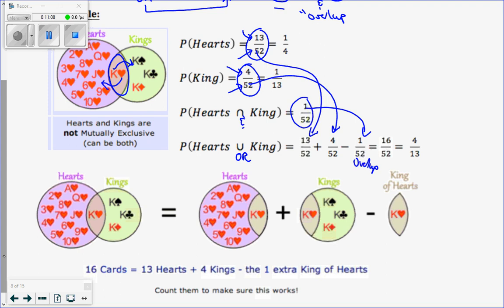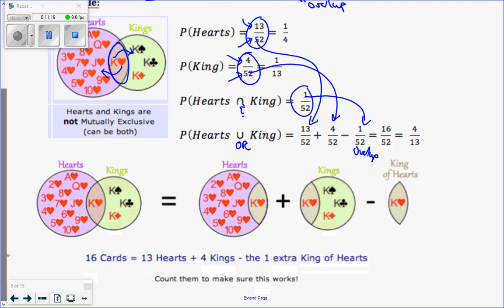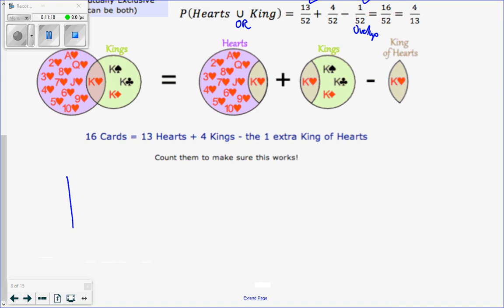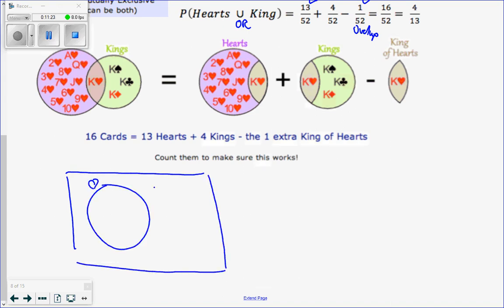Now, the other way that you could do this question, and I don't know if this is any easier or not, I'm going to show you, but it's not necessary to do it this way. If you recognize that you have overlap, right? You have a heart that's a king. So I'm going to use little ticks to represent the number of elements in each one. So I have 1 king of hearts. And then I've got 3 more kings here.